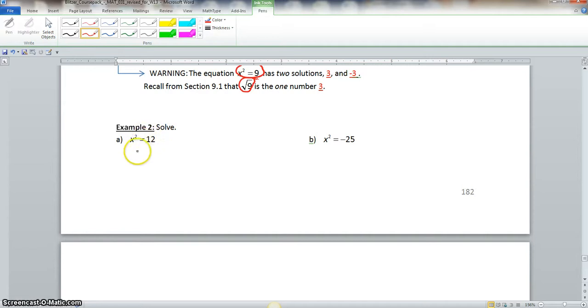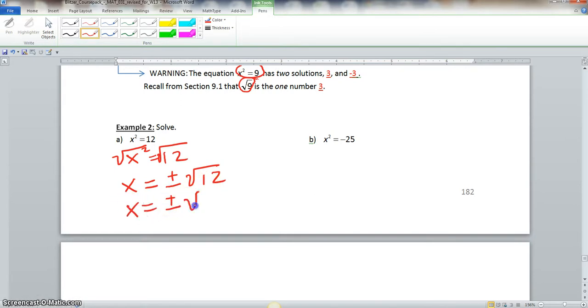Okay, now it tells us to solve this. We have x squared is equal to 12. We'll take the square root of both sides. Now the square root of x squared is x, and the square root of 12 is plus or minus the square root of 12. Now remember, the square root of 12 has a perfect square in it, which is 4. So we need to take that perfect square out.